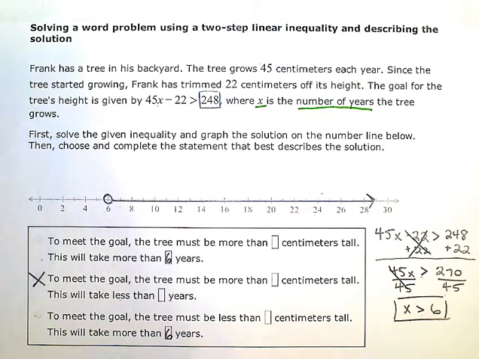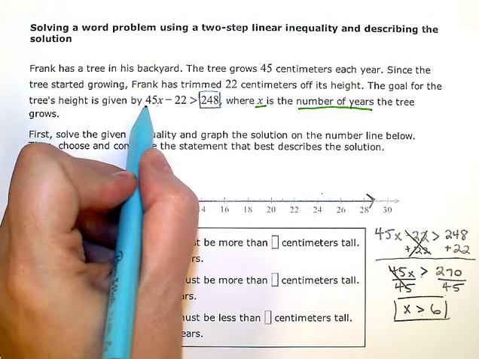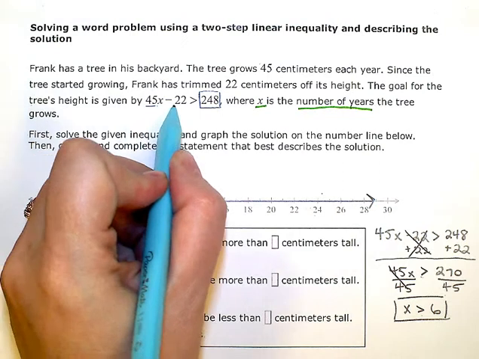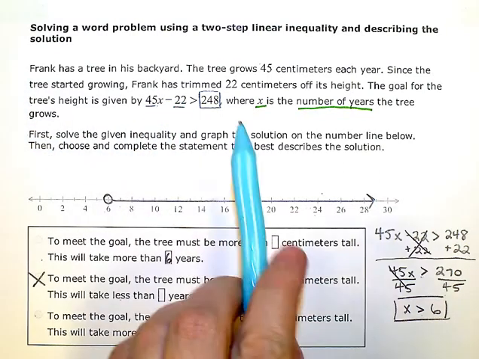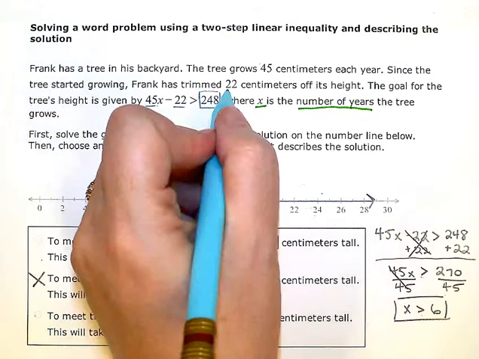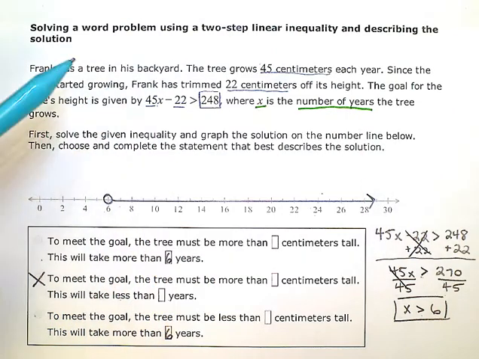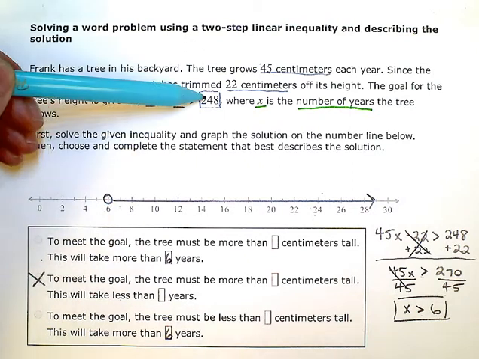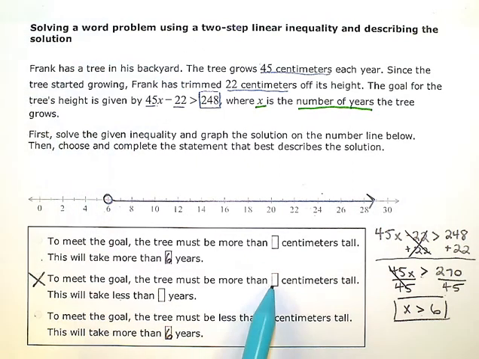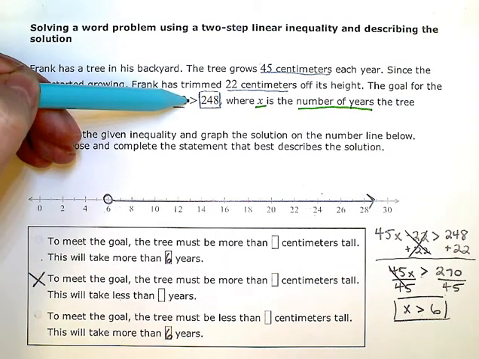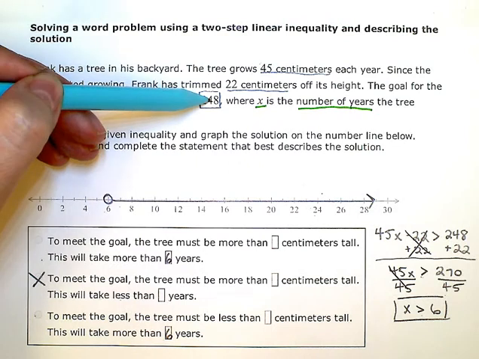But I know that the 45 and the 22 are both centimeters, 22 centimeters, 45 centimeters. So it makes sense that this would also be centimeters. And you can see these blanks here are all about being centimeters. So to meet the goal, the tree must be more than, and this is a greater than, 248.